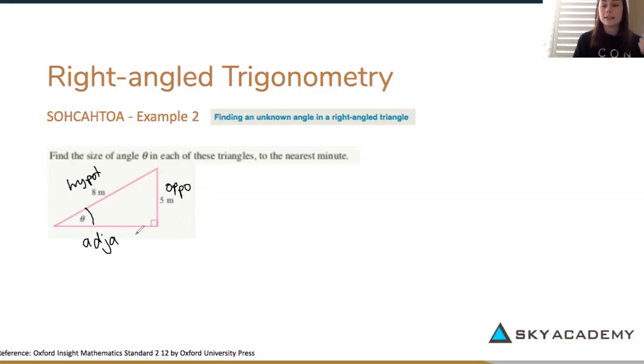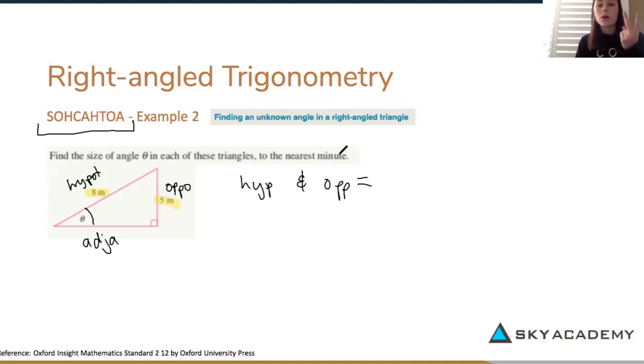So I'm going to use my one that is my hypotenuse with 8 meters, and the one that is my opposite with 5 meters. So I'm using my hypotenuse and my opposite, and then I'm going to go to my SOH CAH TOA, and I'm going to figure out what value that is, tan, cos, or sine.